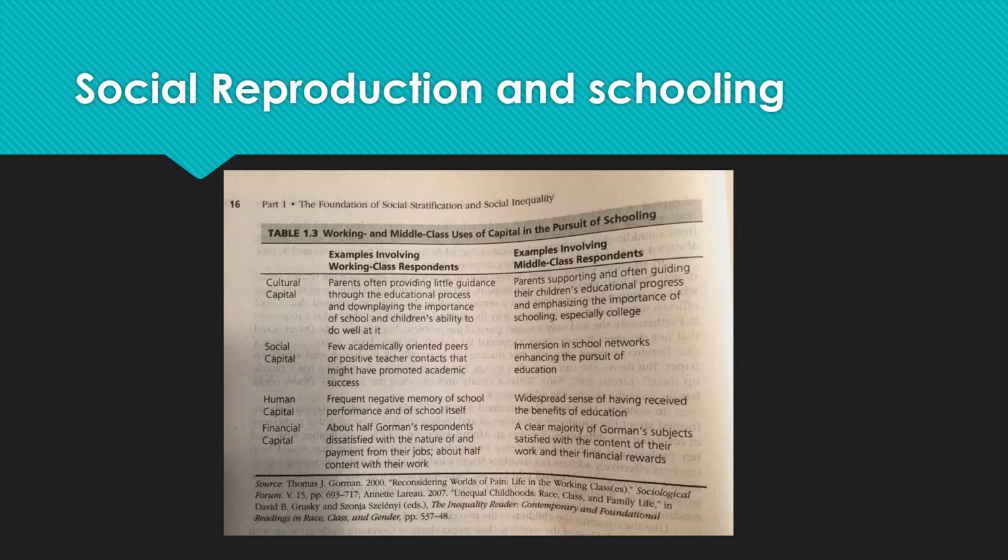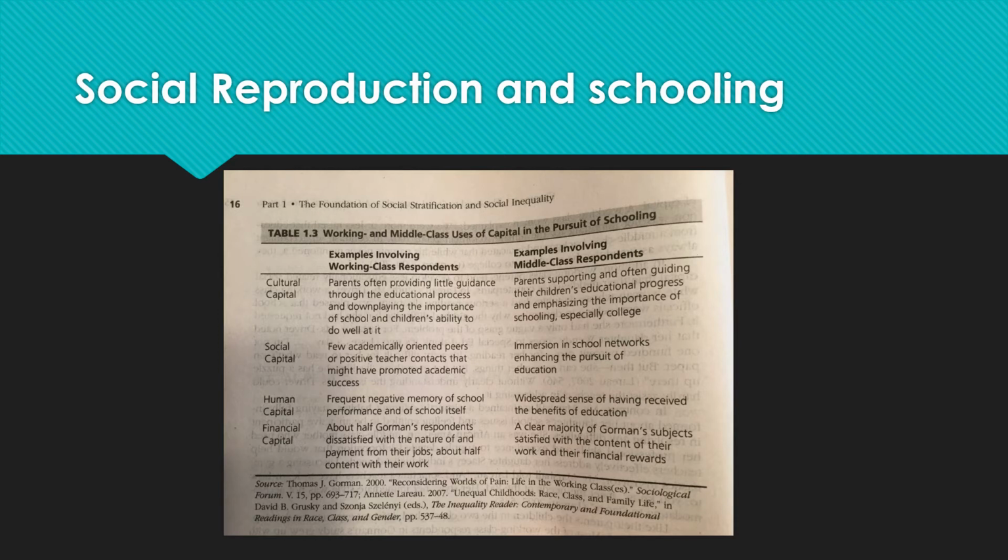Now, for social capital for the working class, there are few academically oriented peers or positive teacher contacts that might have promoted academic success, whereas the middle class respondents are immersed in school networks enhancing the pursuit of education. These are the people that are generally involved in the PTO, the PTA. They have the time, the parents that are able to be involved in those different things, very adamant about their child's education.